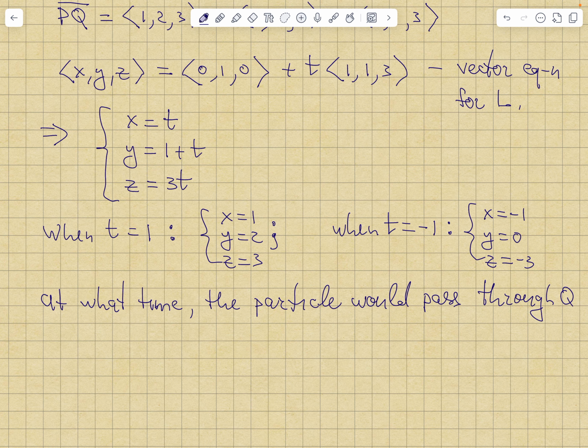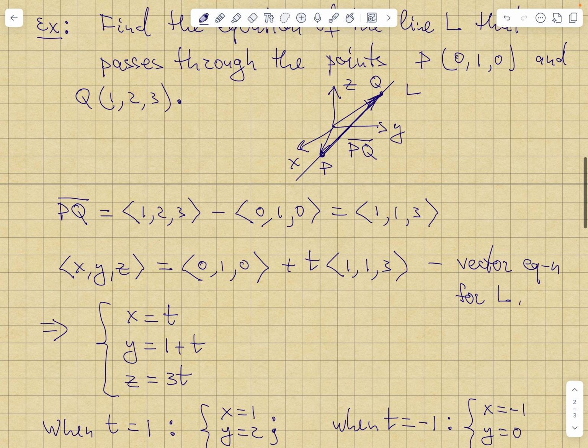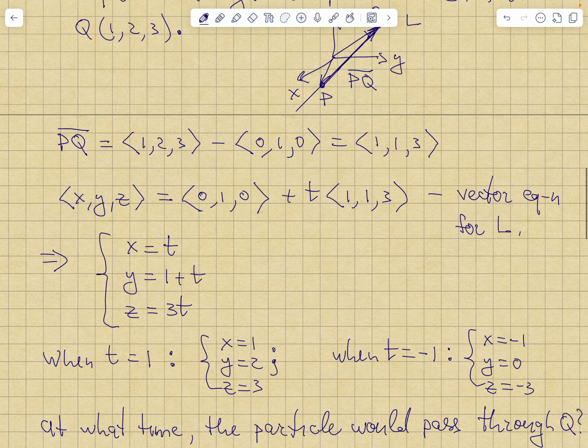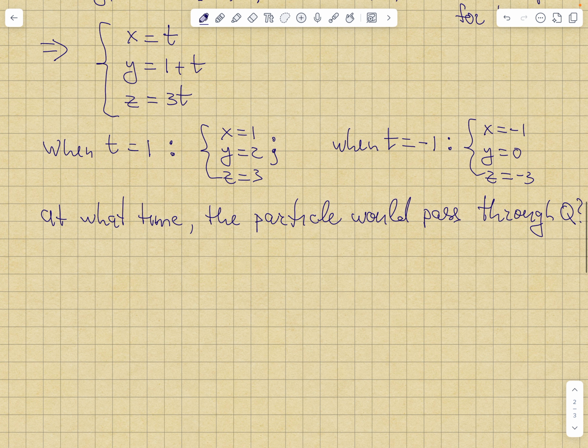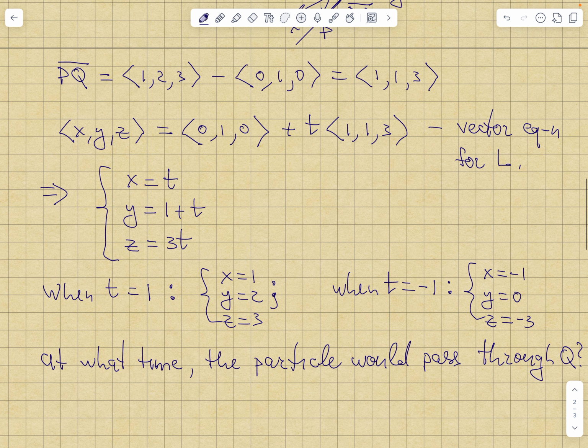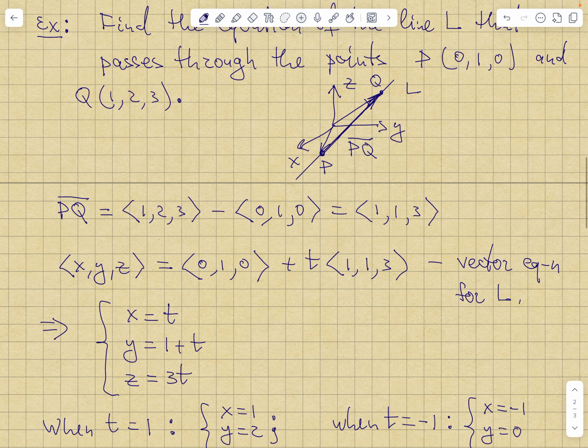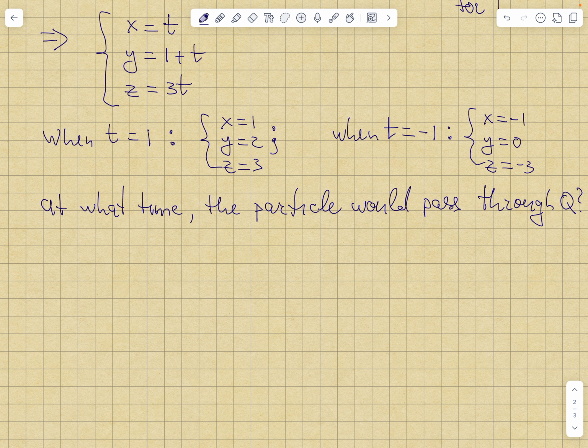Right, because originally I wanted an equation of a line which passes through P and Q, and so to figure that out, let's recall what the coordinates of Q are. The coordinates of Q are 1, 2, 3. So I need to solve the equations: 1 is equal to t, 2 is equal to 1 plus t, and 3 is equal to 3t.